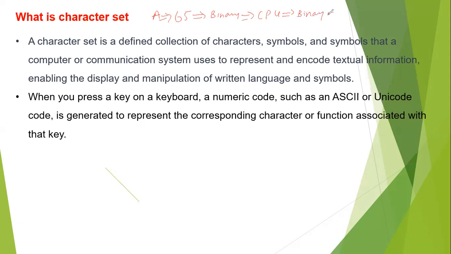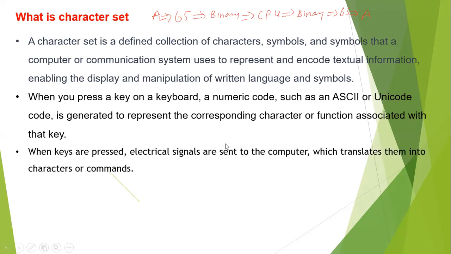The output device again has the character set of that code, like 65 in binary form, and that 65 is a capital A. So it will show capital A on screen. So each character has its specific code. I will show you further a list of character codes.